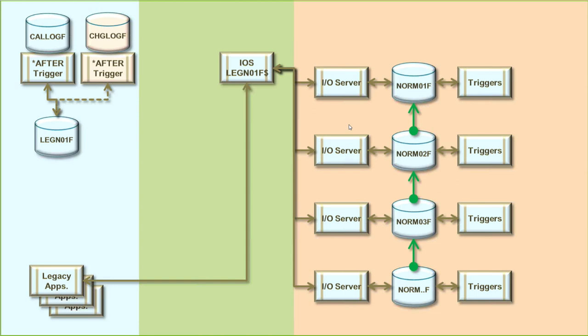So there could very well be a legacy program that is not in the call log file because you haven't run a full year. And so you are missing some legacy programs.